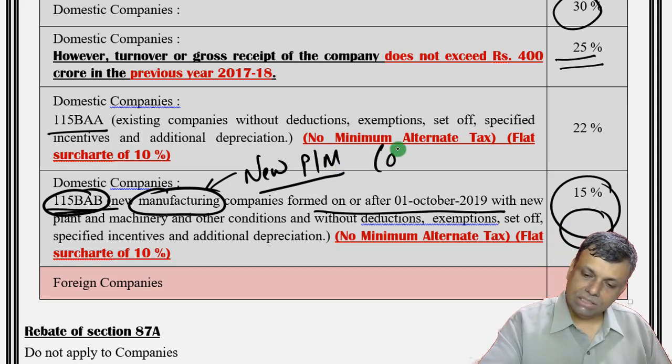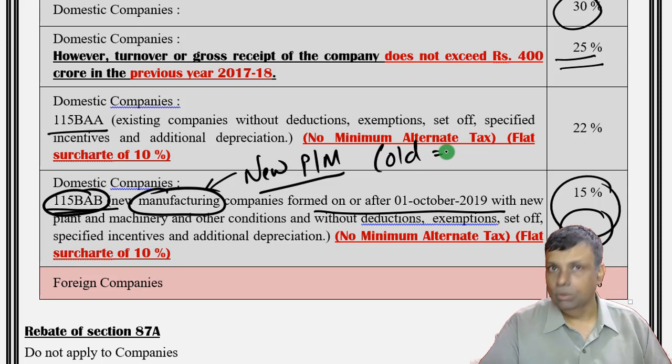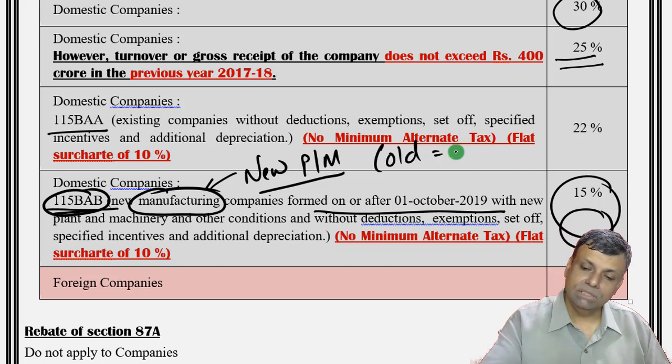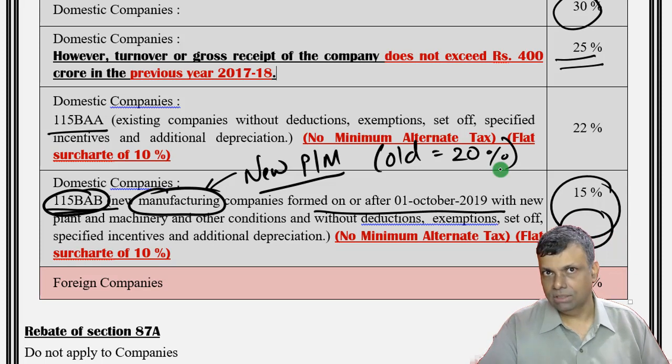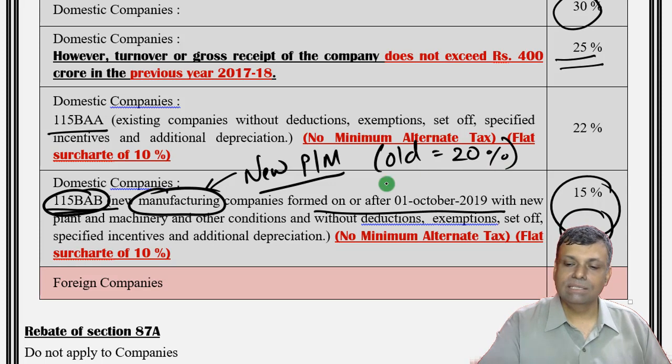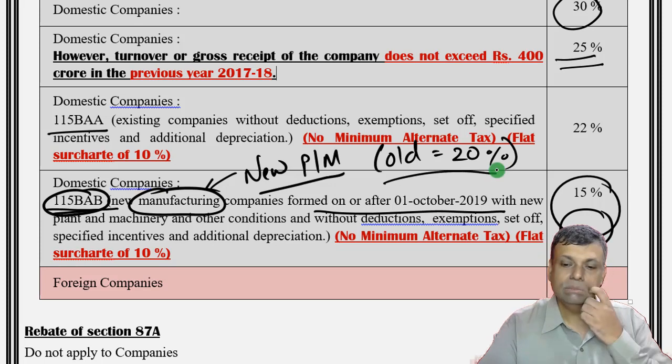Now friends, if old plant and machinery has been used, that is, second hand plant and machinery, it is permitted up to 20% of the total plant and machinery. So ideally it should be all new plant and machinery, but in case you are using some old plant and machinery as a part of your manufacturing process, there is a limit of 20% which is permitted.